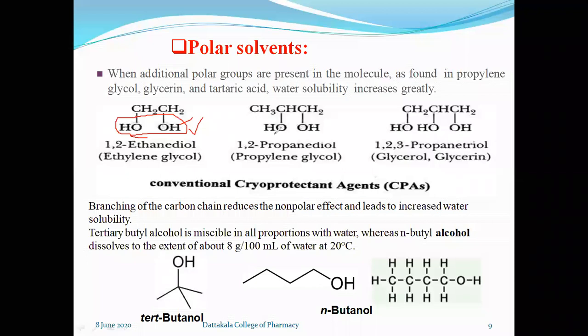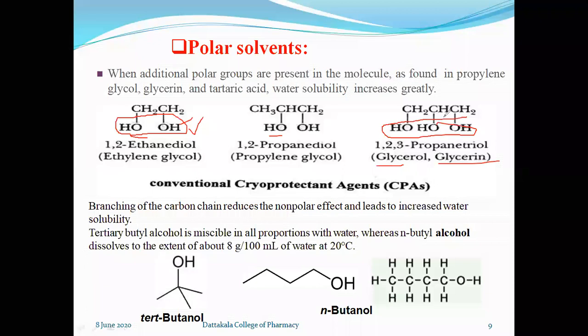Let us see here, propanol, one additional hydroxy group is present, it becomes propanediol, that is propylene glycol. It is also showing more water solubility. Glycerin, glycerol, that is propanetriol, again is showing more solubility.